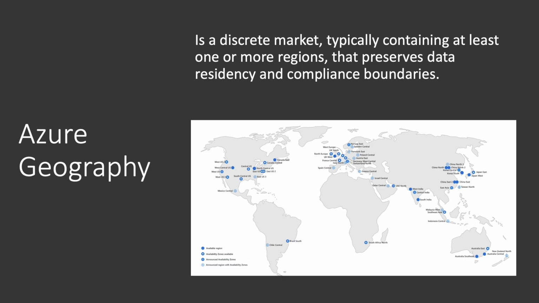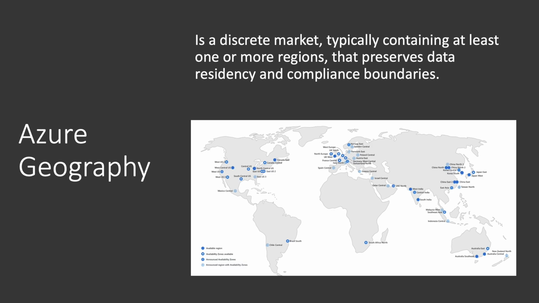So Azure geographies are basically countries or continents, and these are separated in order for all of these Azure data centers to be compliant with data residency and data boundaries.